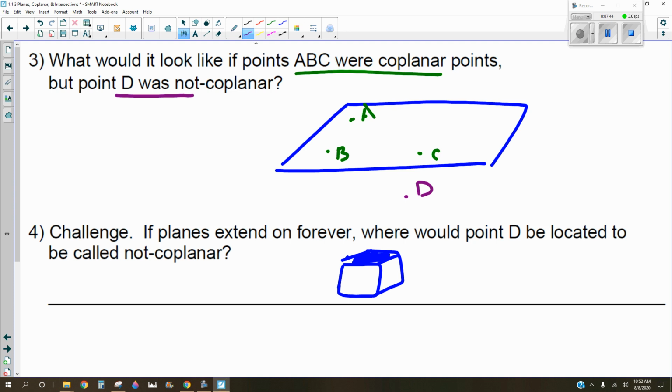Well, for D to not be on that plane, it can't be on the top of that box. It's got to live somewhere else. So maybe D lives in this lower corner below the blue surface, right? It is not on the same plane as ABC, because ABC is the top of the box, where D is on the bottom of the box. And if we're talking about flat surfaces, that's like the tabletop and the floor. They're not going to hit each other, they're on different planes. I know that might be a little confusing, but we'll get more practice with that. So just again, think of planes as flat surfaces, and coplanar and collinear are objects that either share a line or share a plane.